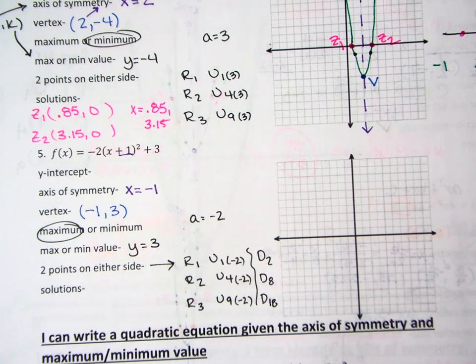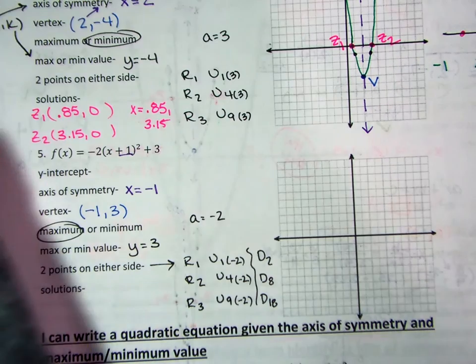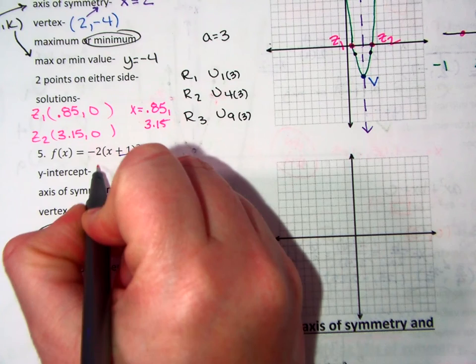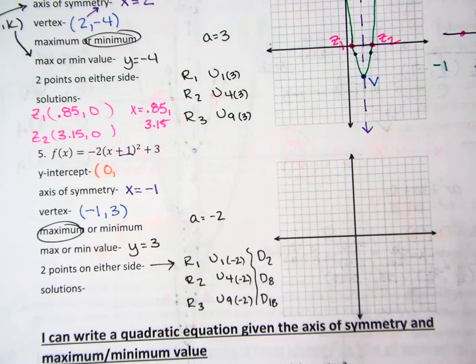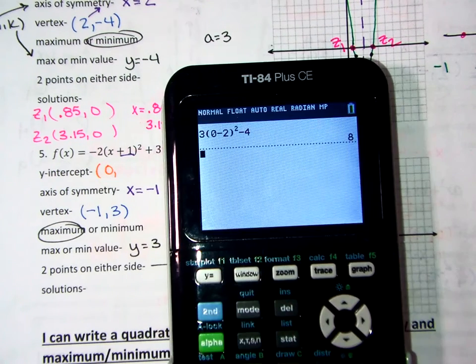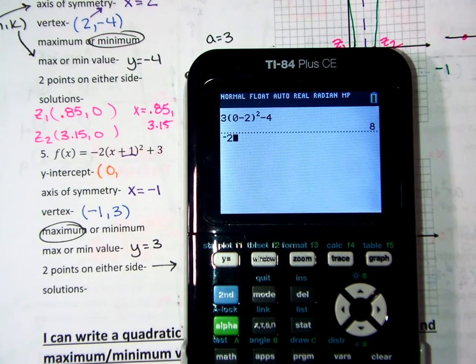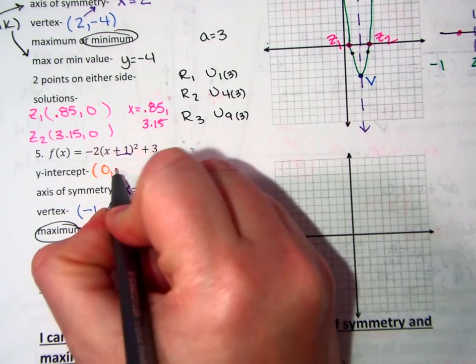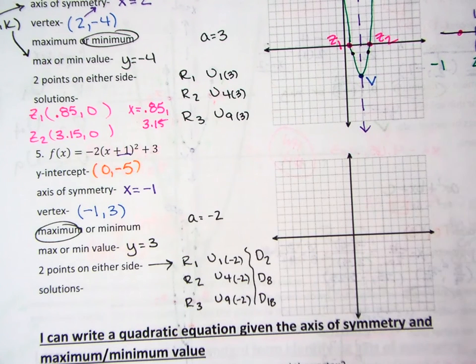Solutions, I don't know what they are yet. Y-intercept, I'm going to find it here. I'm going to plug in 0. So on my calculator I'm going to go -2 parentheses 0 plus 1 parentheses squared plus 3 and graph that out, -5. So 0, -5.